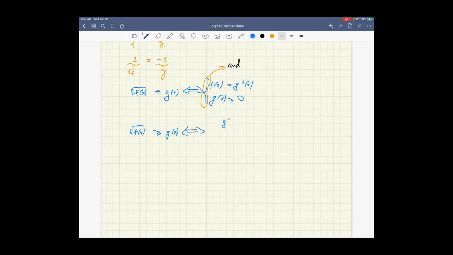If say g is negative, the inequality will be true whenever the left-hand side exists. The left-hand side exists when the expression under the radical, which is f, is non-negative. Or when the right-hand side g is non-negative, I can safely raise both sides of the inequality to the second power.